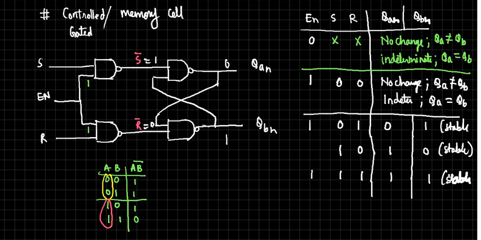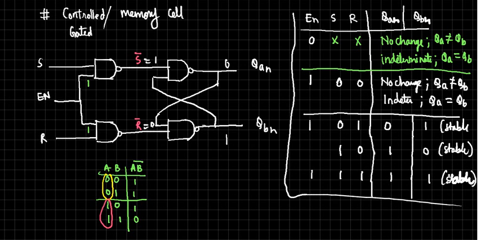Stable. Now this is the characteristic table for this circuit element. So this is a characteristic table I should write. So avoid the name truth table. Okay, so characteristic table. Now I will give a name to this.